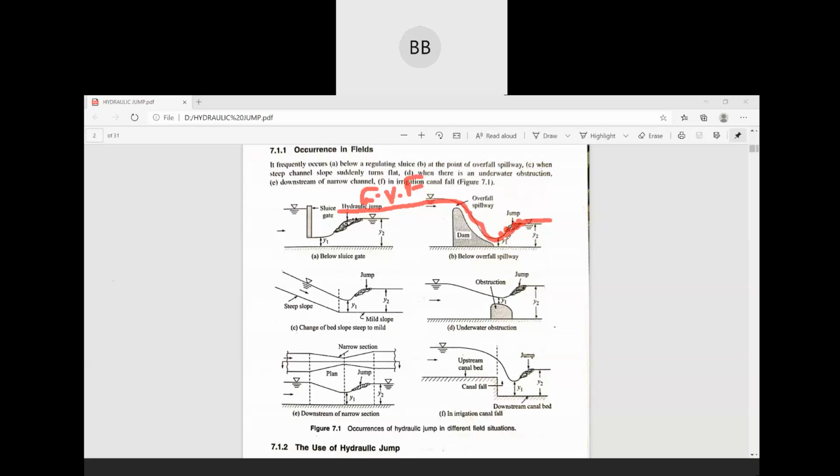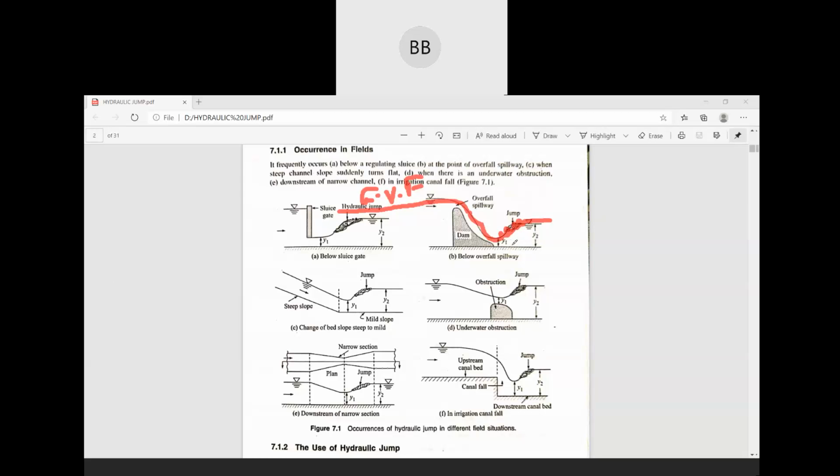So we will have two depths of flow, one is y1 and one is y2. y1 is the depth of flow before the jump, and y2 is the depth of flow after the jump. These two are called sequent depths, one before the jump and one after the jump.